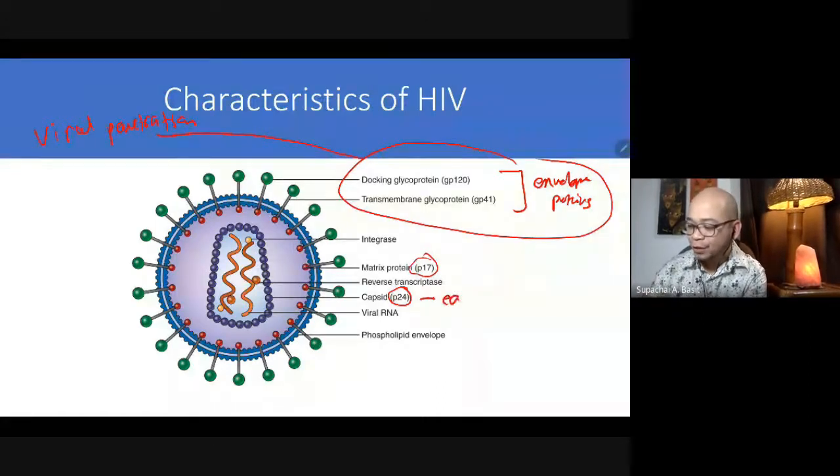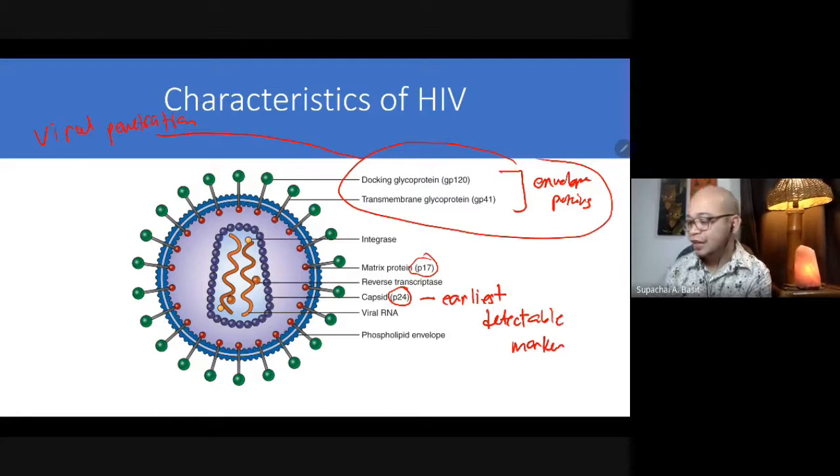Remember, P24 is the earliest detectable marker during the HIV infection.